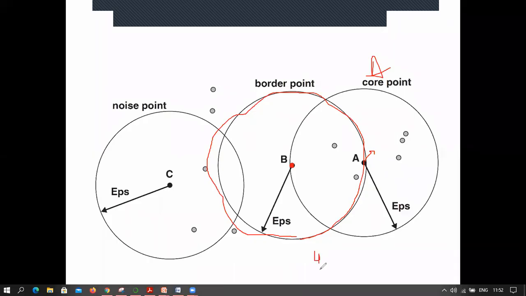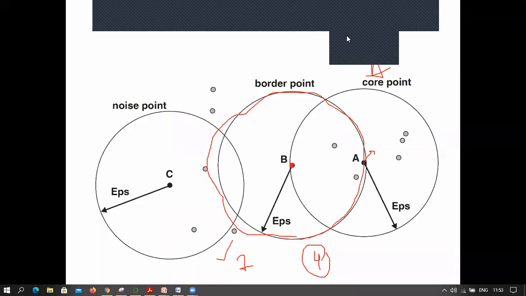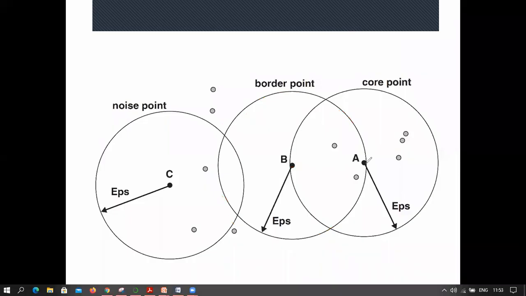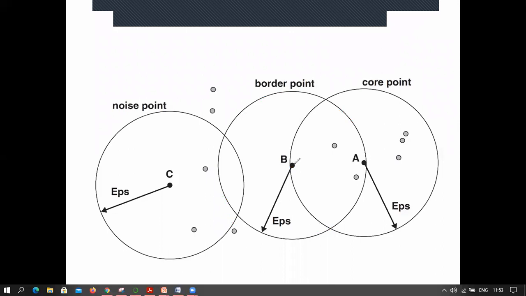But 4 is lesser than the minimum number of points, because the minimum we had set was 7. So this is not a core point. If this is not a core point, I need to check whether this is a border point or not. It will be a border point if it is the neighbor of any other core point. Yes, B was the neighbor of A. So I can say this is the border point.